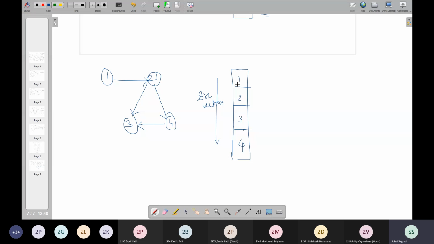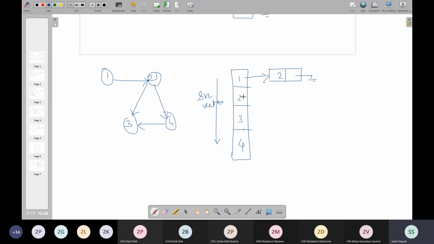Very important. 1 is acting as source. Do you have any edge? Yes. This edge, that is 1, 2. In this edge 1, 2, 1 is source. Correct? So I will be storing 2 in my linked list of 1. Is it understood?